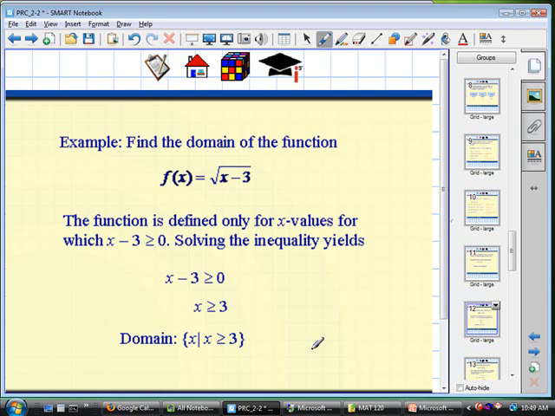Because if it's 3, it's still okay. 3 minus 3 is 0, and I know the square root of 0 is 0. But if it's a 2, I got a problem, right? Or if it's 2.8, I have a problem. So what are we saying? X has to be 3 or bigger. How would you write that in interval notation? Square bracket, 3, infinity, round bracket.